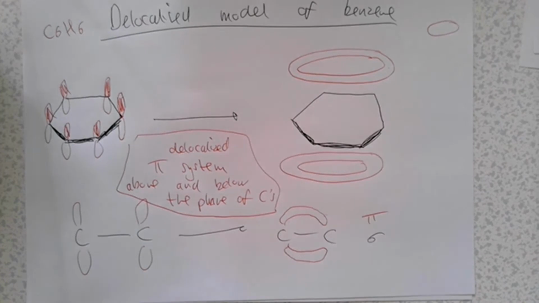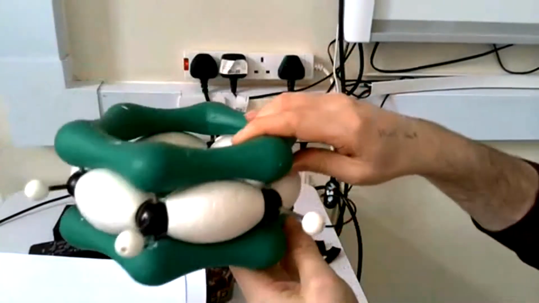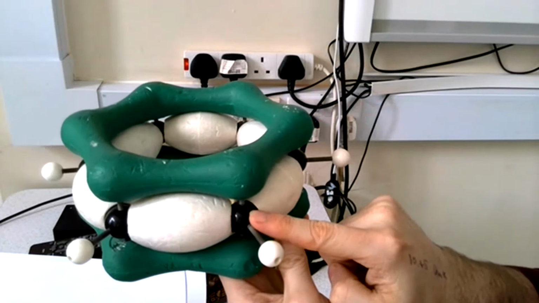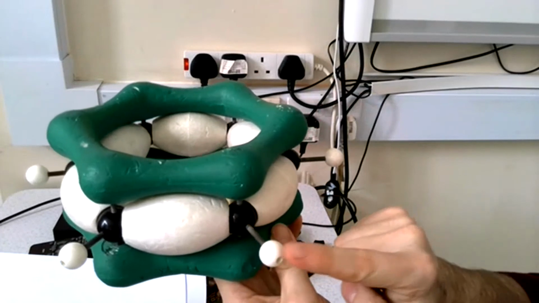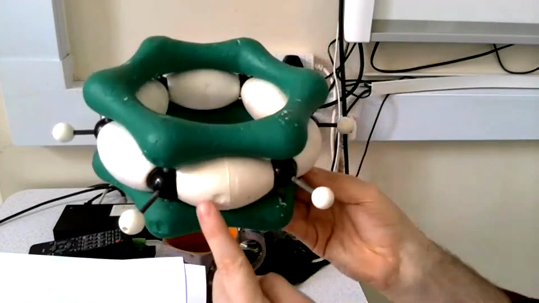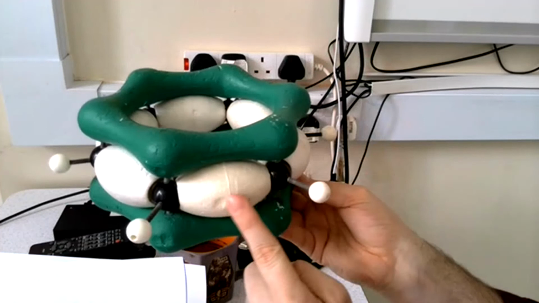Okay, now, as amazing as my diagram is, I'll show you an actual model. Here's a model of that delocalized pi system. Each of the black ones is the carbon. You can see each carbon is bonded to a hydrogen, that's the white stick. And then these white polystyrene bits, that would be the sigma bond.